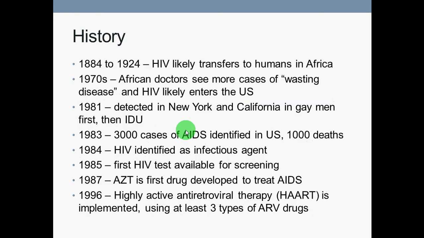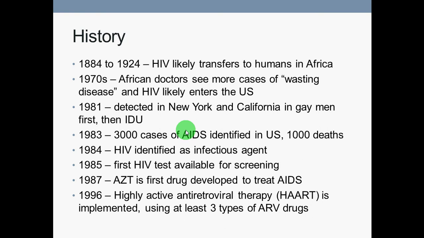To give you a little bit of background information, similar to Ebola virus that we talked about before, we think that HIV might have originated in monkeys. There is a virus in monkeys that's very similar to HIV. It's called SIV, or simian immunodeficiency virus.